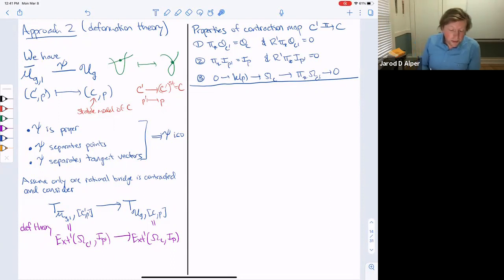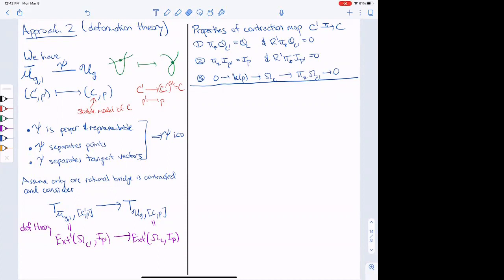The strategy here is to show that it's an isomorphism by showing that it's proper, representable, and that it separates points and separates tangent vectors. The familiar fact that proper morphisms of schemes that separate points and tangent vectors are closed immersions will work here as well.